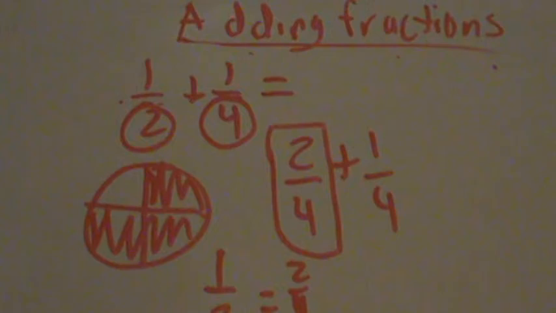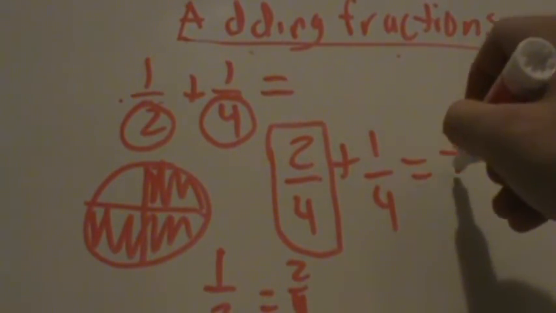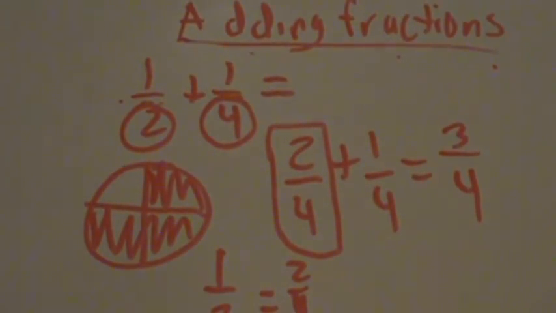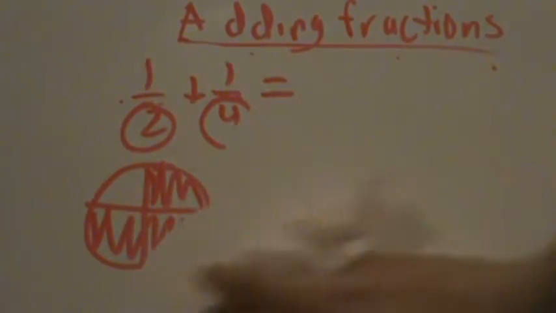So we have the same denominators now, and that's the only parameter we need for adding fractions. So all you have to do now is add the numerators and maintain the denominator. And what did we just get? We just got 3/4. And look at that, we colored in 3/4 of the pie. So it's not flawed.